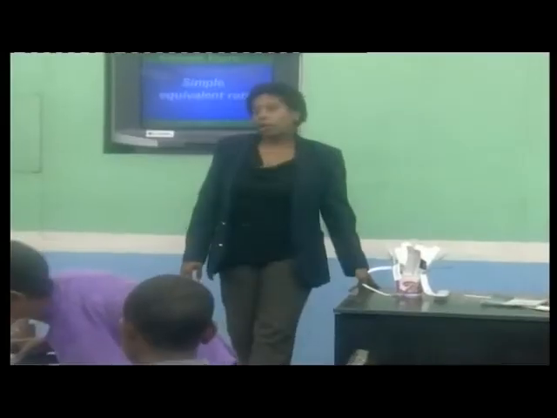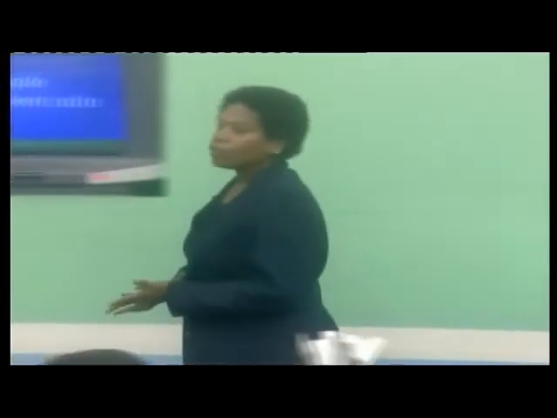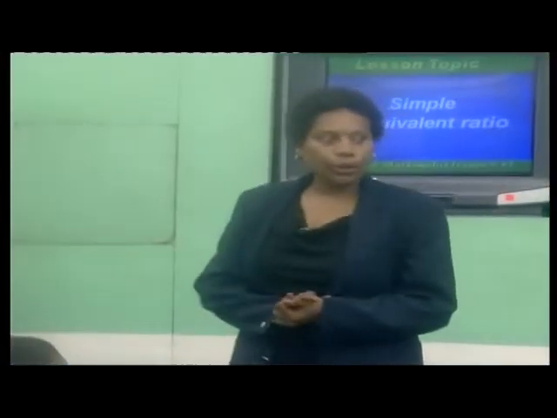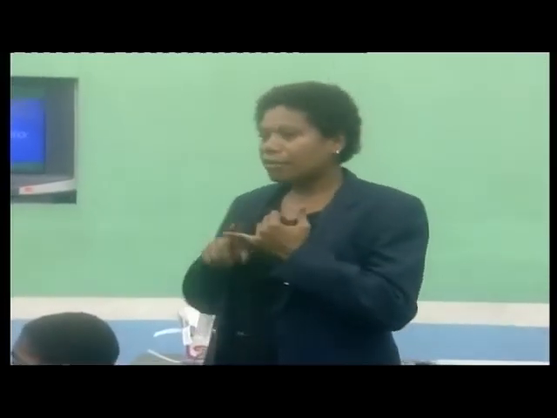A ratio is a comparison of two quantities. Okay, thank you, Oa. Oa says ratio is a comparison of two quantities. Good. Remember in our previous lesson, we looked at two sets of markers, red and blue.